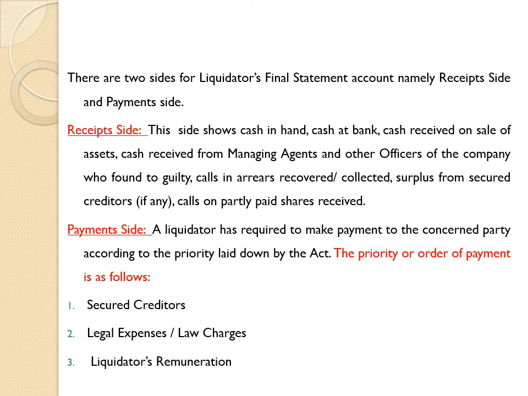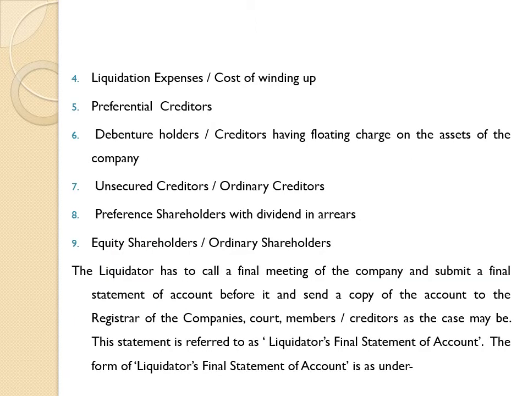We are considering the first item, legal expenses. It means legal expenses incurred for the liquidation procedure of the company. Those expenses are recorded under payments. Then liquidator's remuneration. The liquidator gets remuneration in the form of commission.